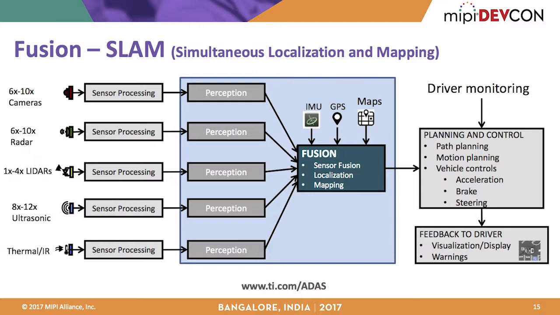And all this data has to be acquired, brought in over a low pin count, high bandwidth, low power interface. Then it goes into perception processing, where it goes into a fusion algorithm, which can take further inputs from an IMU, inertial measurement unit, or GPS or navigation software. And finally, it creates a view. It could be an augmented reality view, or something where the user does not see the car, and it only alerts the driver when there is a problem.